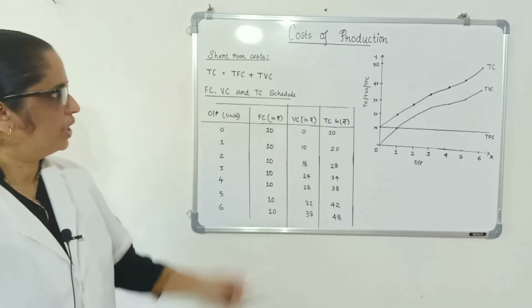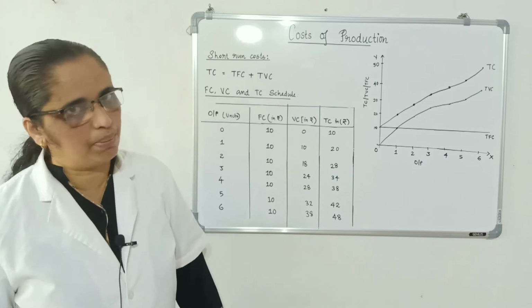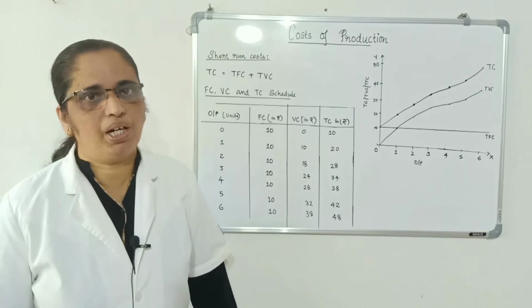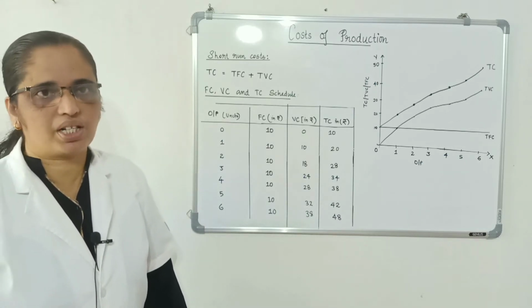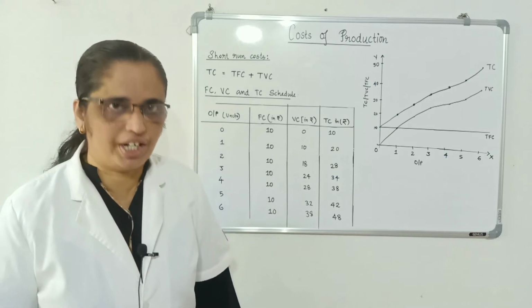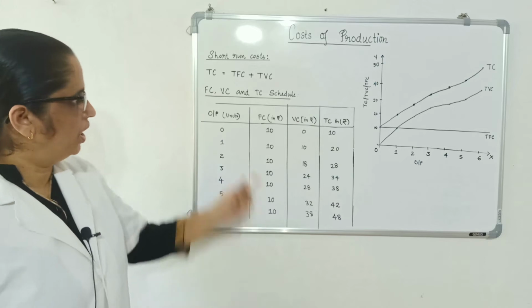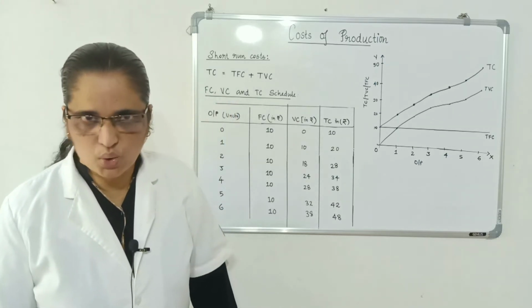So, first of all, distinguish between short-run production and long-run production. Second, we can distinguish between fixed and variable costs. Short-run, some factors are fixed, some other factors are variable. Long-run, all factors are variable. Fixed cost is fixed along with the level of the output produced.